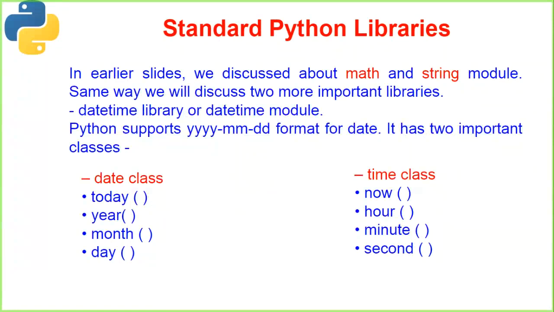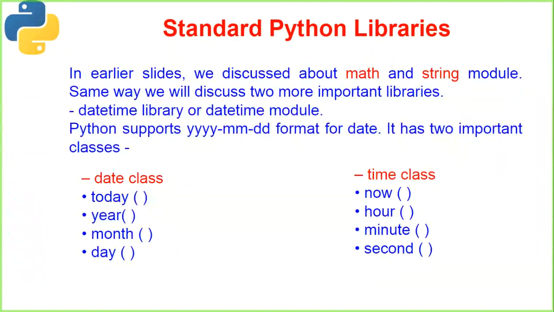And one more thing: Python also supports the date format like year, month, and date, that is YYYY, MM, and DD, like MySQL. MySQL date format and Python date format are similar.